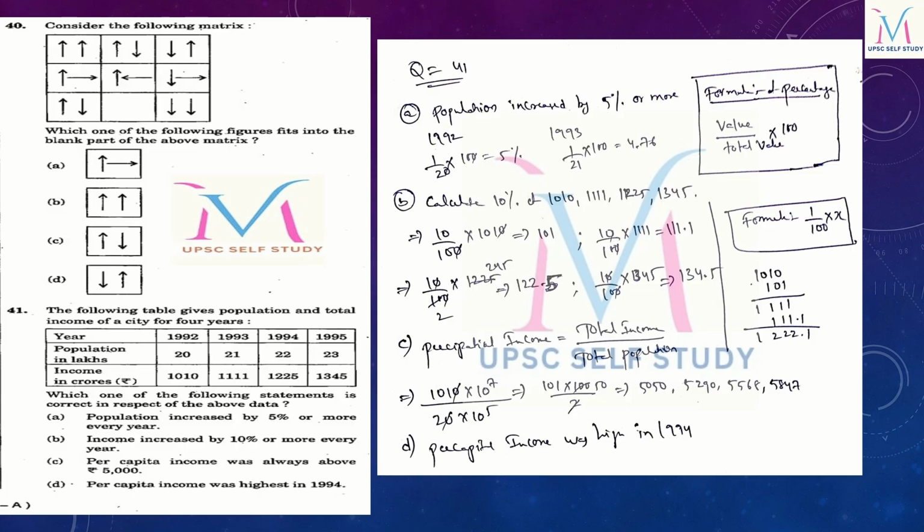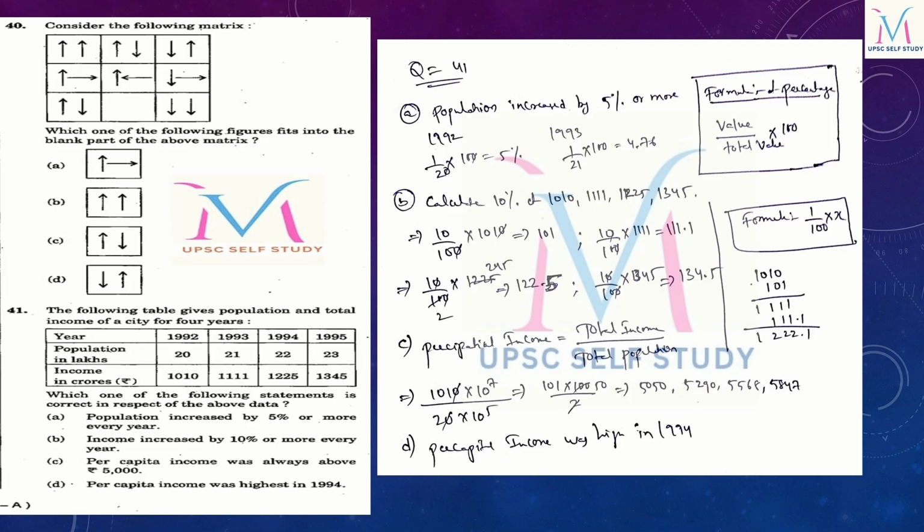If we do the simplification, we get 5847. So these all four per capita incomes are above 5,000. So according to statement C, the per capita income was always above 5,000. These all four per capita incomes are above 5,000.